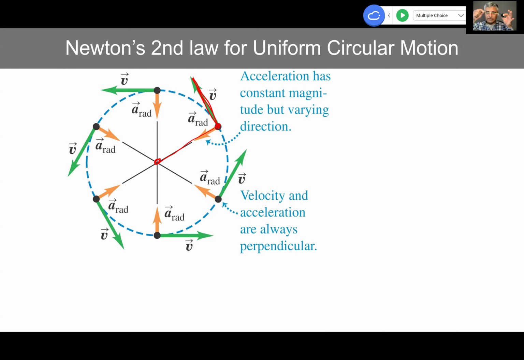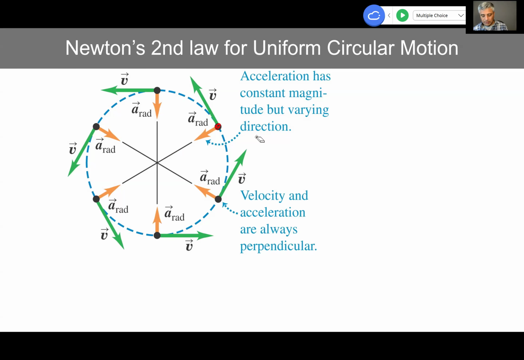Because it's the tension force that is causing it to go in a circle. Once I let it go, the tension force is not there, which means it will just keep moving in a straight line, as suggested by Newton's laws. So that's why the velocity is tangential to that circular path, not like this. The velocity does not line up with the circle. Remember, it is tangential. And the radial acceleration is towards the center, as the name suggests.